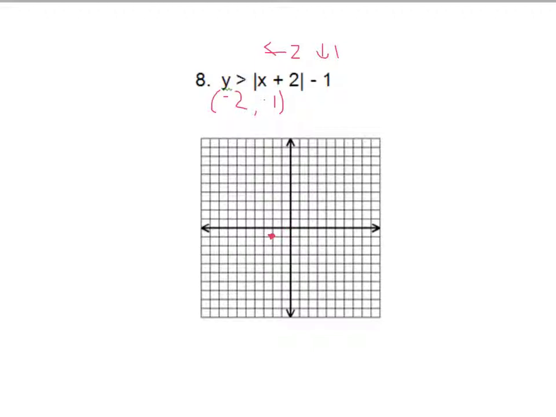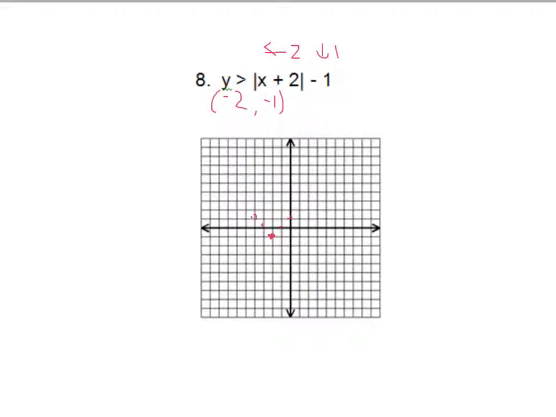Okay, now I do not have a vertical stretch, so my points are still up 1 over 1, up 1 over 1. And it is going to face upward because it's not negative. Okay, now my inequality says that it's greater than, it's not equal to.